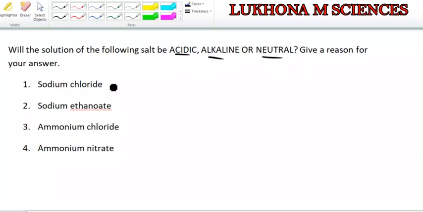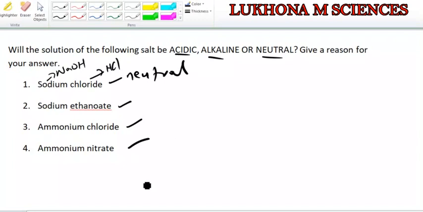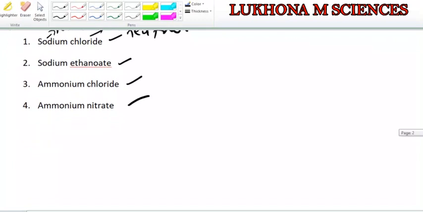We have done this one: sodium hydroxide, this one from HCl, this one is neutral. We have done this one, also did this one, done that one, so everything is fine. Same reasoning. Let's check another question.